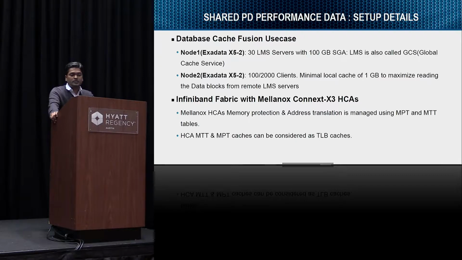We did a couple of runs. One was with 100 clients and another one was with 2,000 clients. Just to avoid the noise on the I/O side, we kept the memory minimum on the client side at 1 gigabyte and have a 100 GB SGA on the server side.